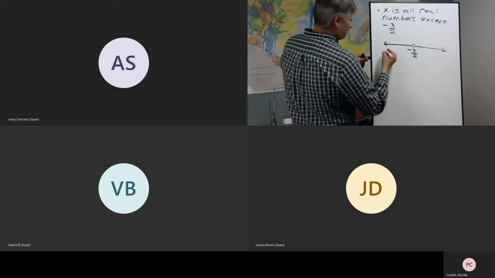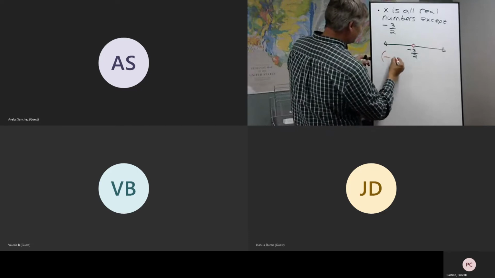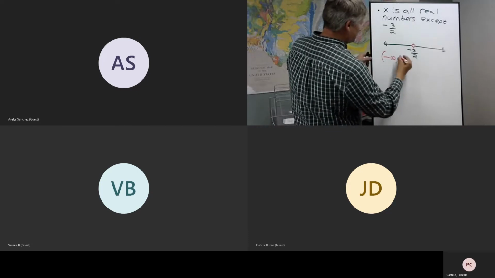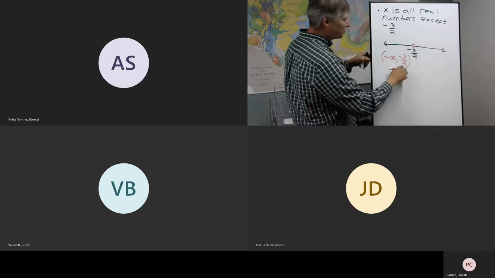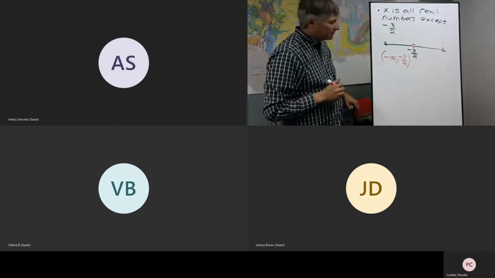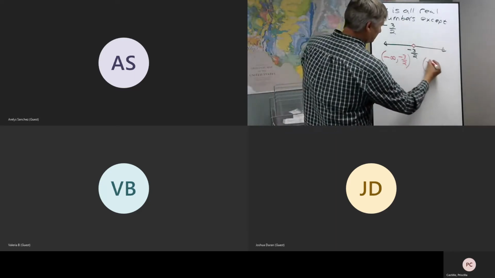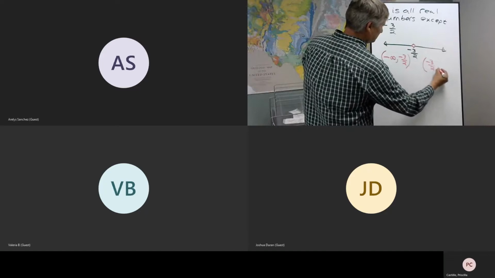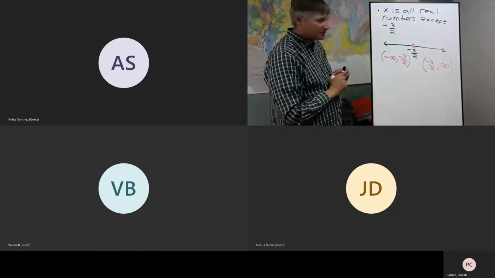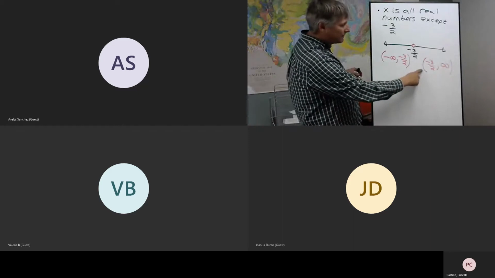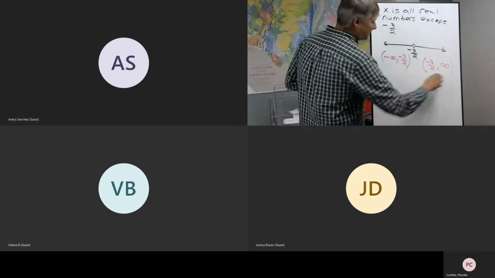Well, we keep going to negative infinity here. And this here means we come just short of -3/2. On the other side, we start just after -3/2. We don't include -3/2, and we keep going off into infinity.